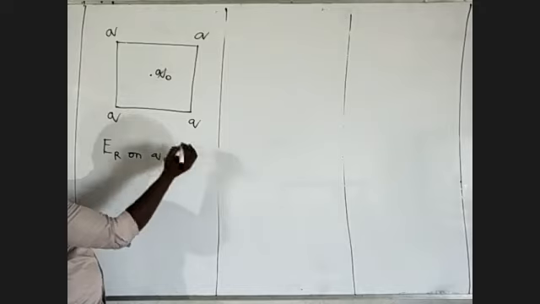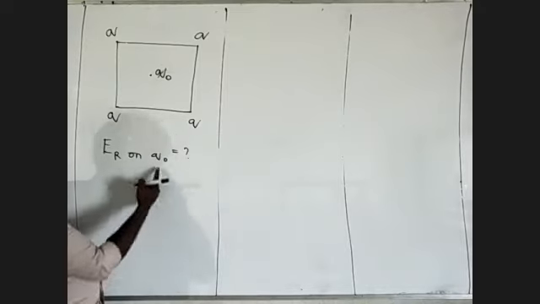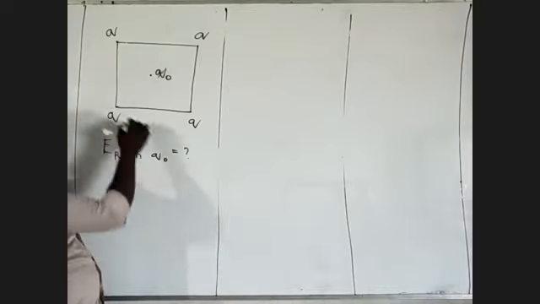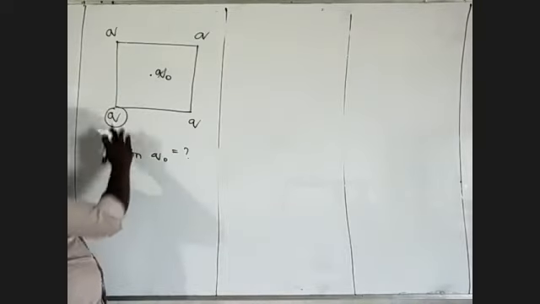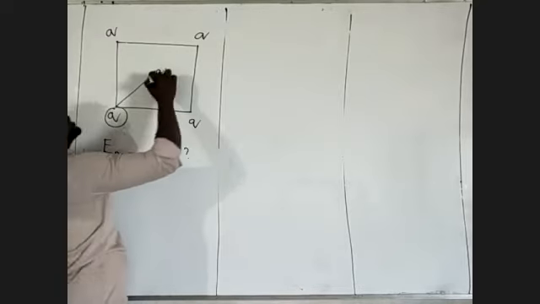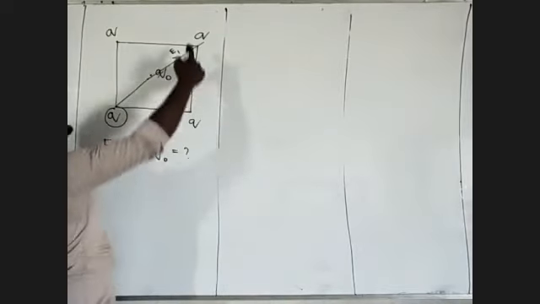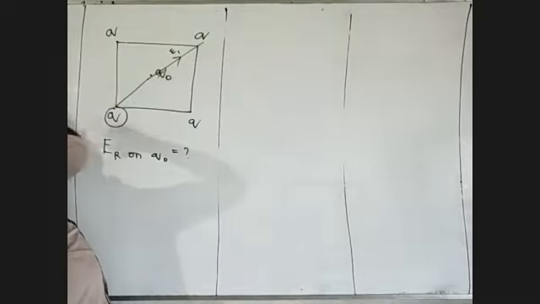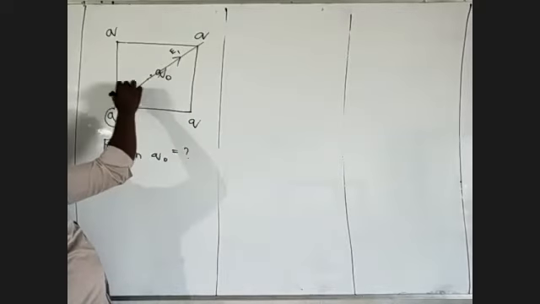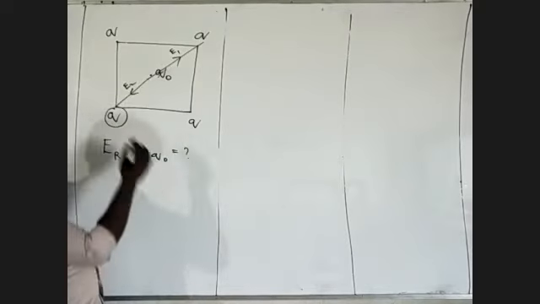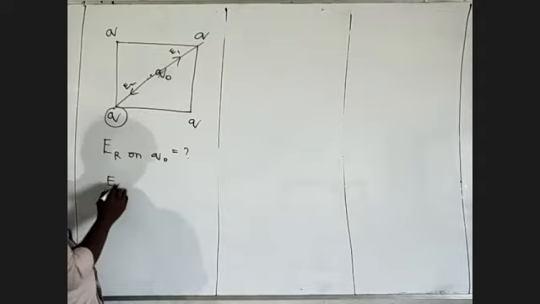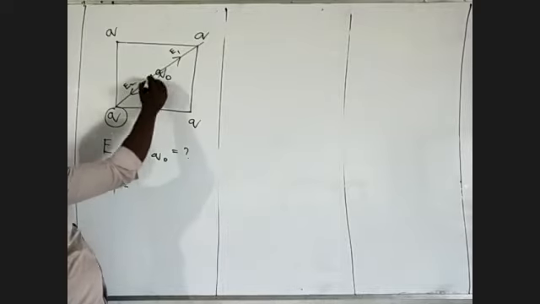So we have to find the intensity of electric field on the Q naught. This Q repels the charges in this direction. This is E1. This Q will repel the charges in this direction. That is E2.